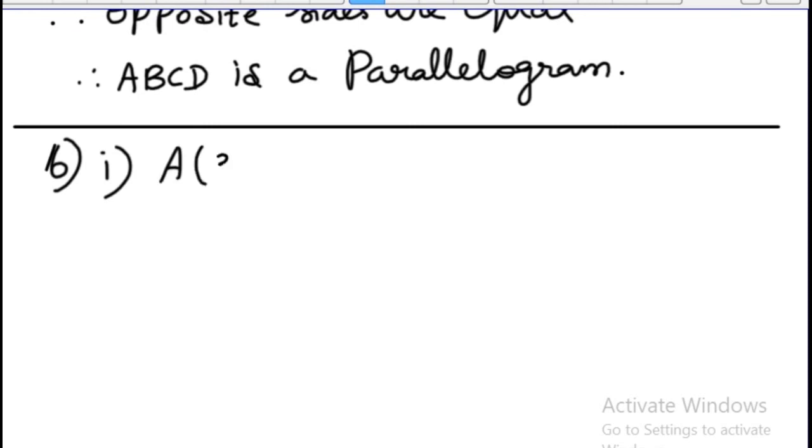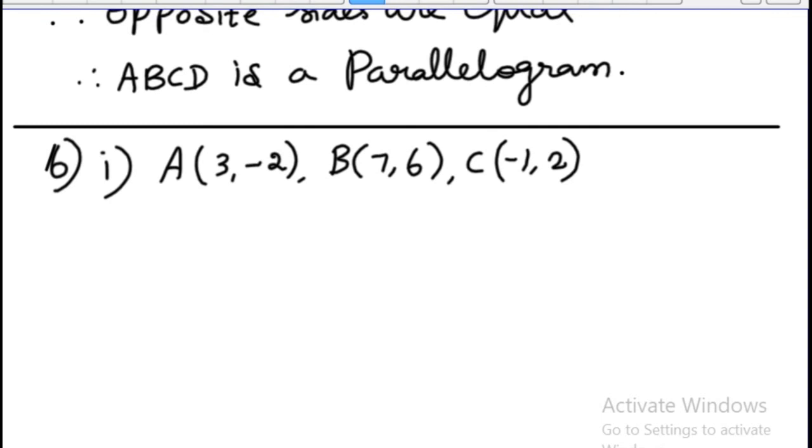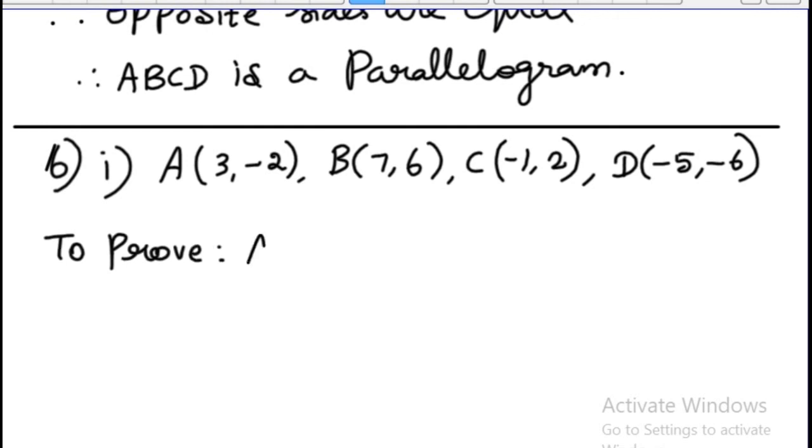A point is 3 comma minus 2 and B point is 7 comma 6, C point is minus 1 comma 2 and D point is minus 5 comma minus 6. So what do we want to prove? To prove ABCD is a rhombus.